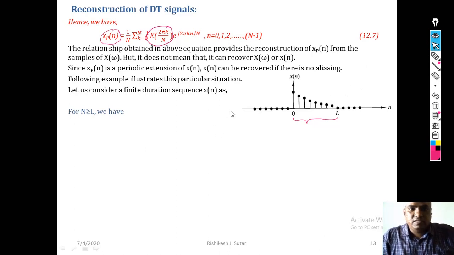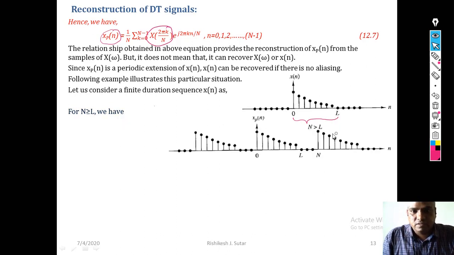Now we'll consider a case where capital N is greater than or equal to L. Here this is my capital N number of samples, and this is the length of my original sequence.